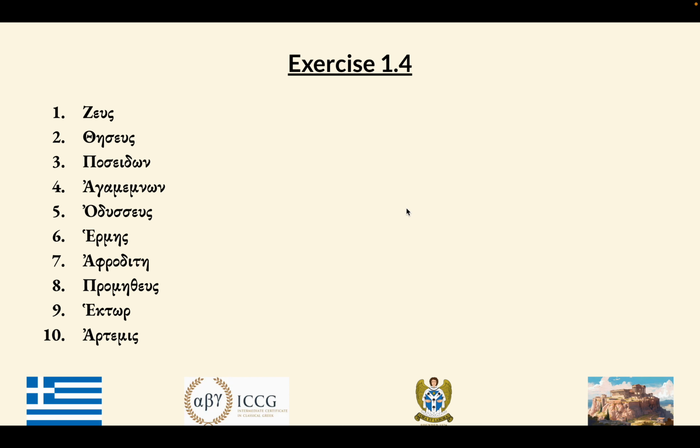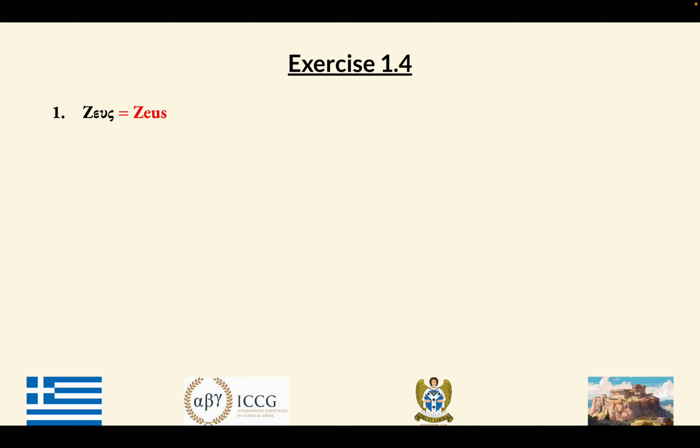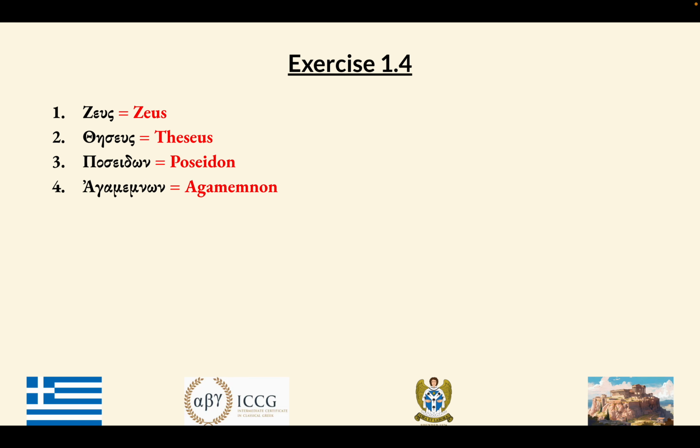Then exercise 1.4, so we're adding in capital letters now. So we've got Zeus, Theseus, Poseidon, Agamemnon, Odysseus, Hermes.